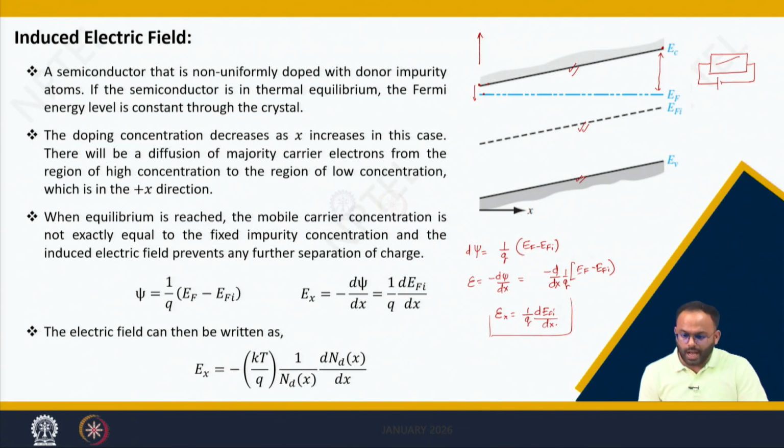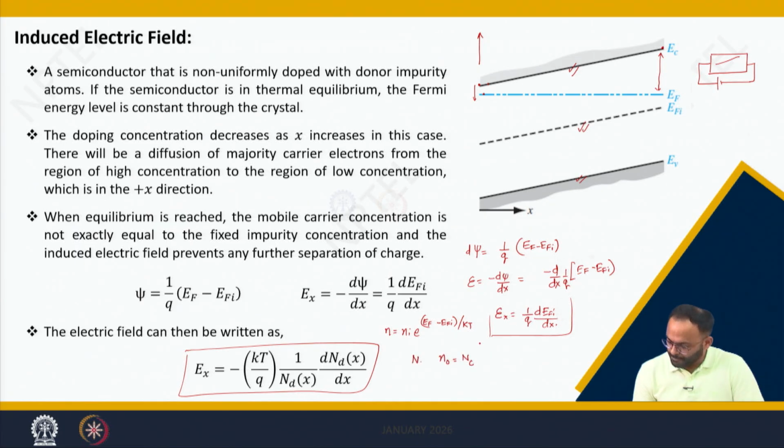For example, you have a uniformly doped semiconductor, or a non-uniformly doped semiconductor, where n0 is exponential of (EF minus EFI) by kT. So how can we extract the overall electric field dependent upon this? Let us consider an n-type semiconductor where we can write n0 equals ni exponential of (EF minus EFI) by kT.